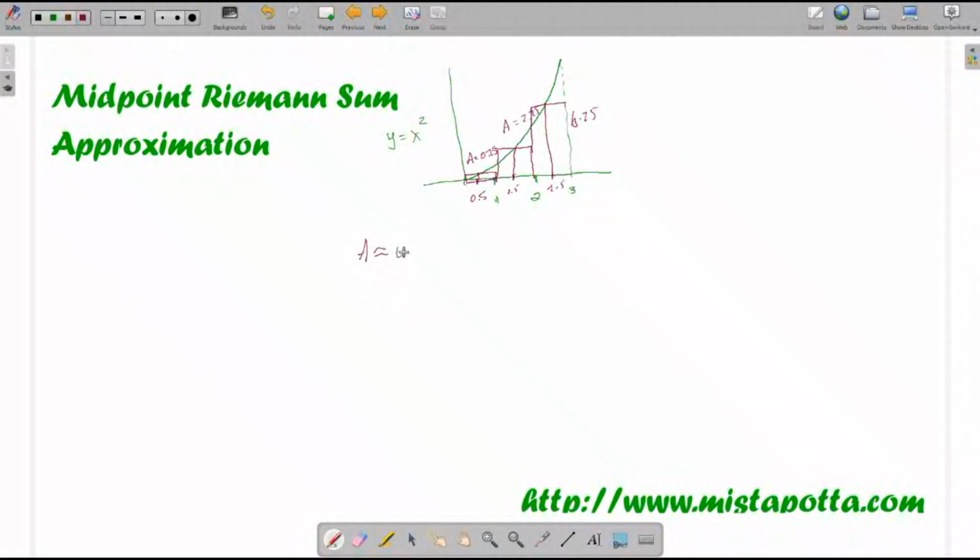And so my area approximation using this midpoint Riemann sum would be 0.25 plus 2.25 plus 6.25, or 8.75. Now this does have an added benefit for us.